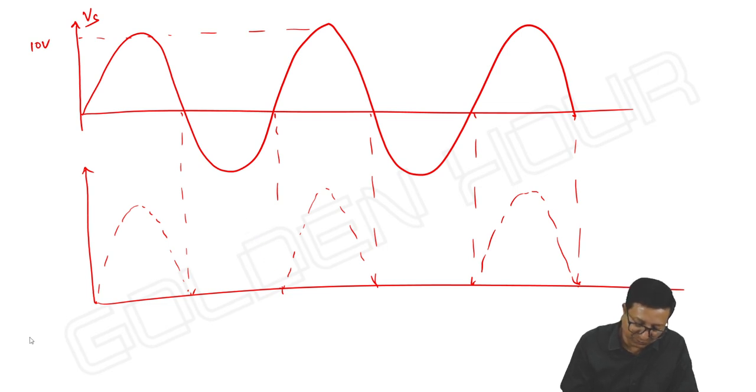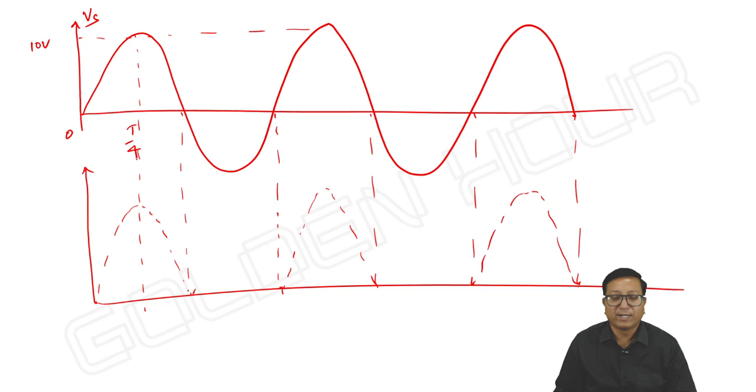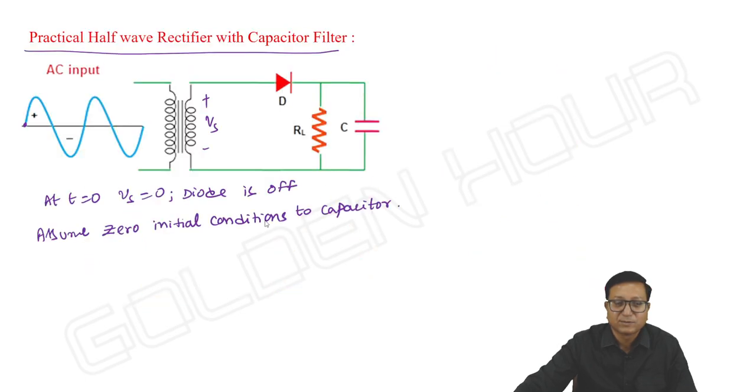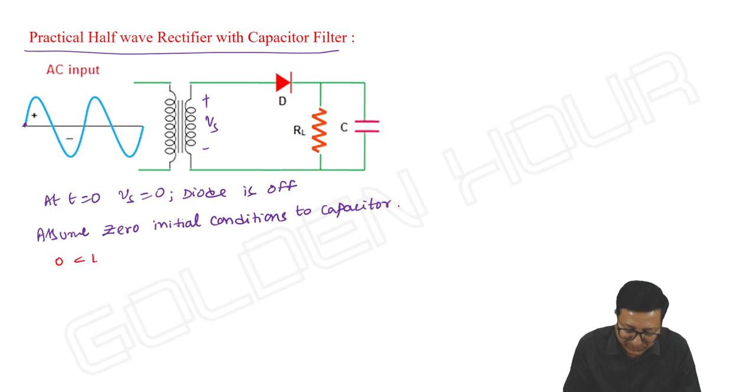Only if RL is present, then this is how we expect the waveforms. Okay, let me take this instant as T by 4. I need not worry about VD, right? I'm just looking at what's my output. So from 0 to T by 4, as usual, the diode is on.